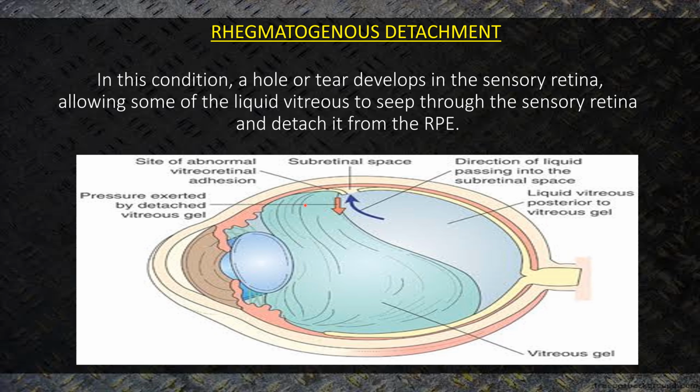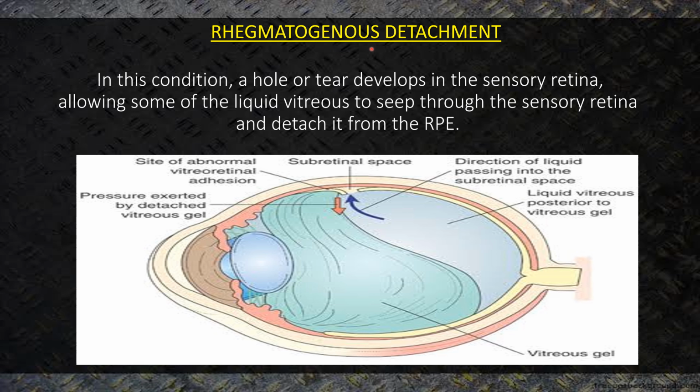Its cells are tightly joined to their neighbors, and it produces a barrier between the retina and choroid, so that there is proper circulation of oxygen and nutrients to the retina as well as the choroid, with no leakage in between. But when it has got detached, the retina will not get proper oxygen and nutrients. This is rhegmatogenous detachment.